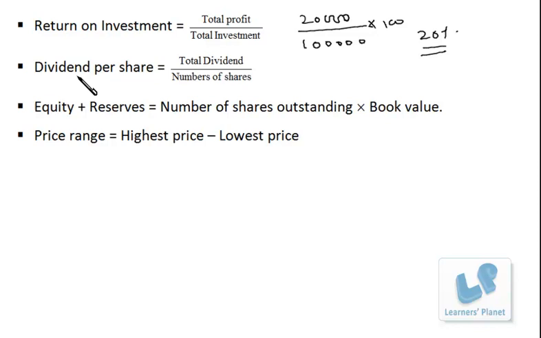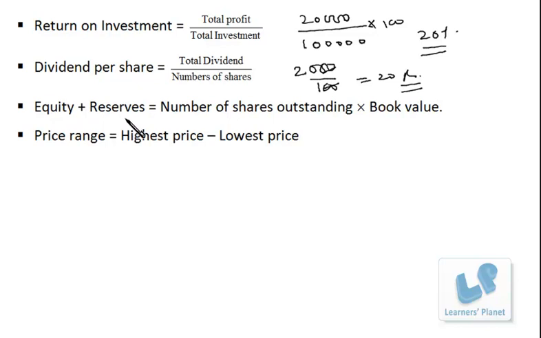Dividend per share, that is income per share, you can say, that is total dividend by number of shares. For a company, suppose you are having 100 shares, and if you are earning the total amount of dividend as 2,000, then what is your income per share? That is 20 rupees. That is dividend per share.